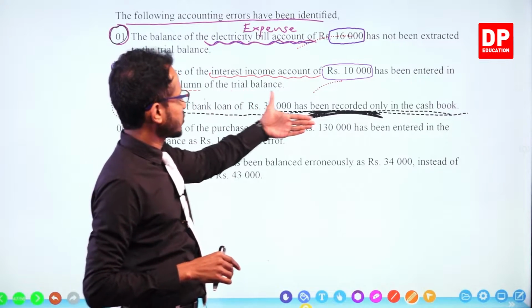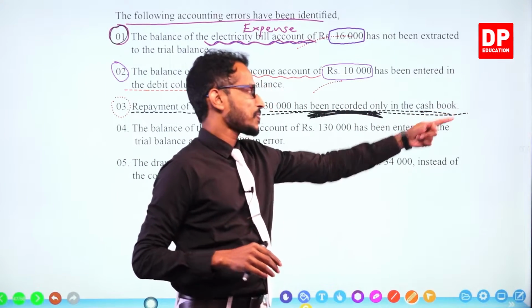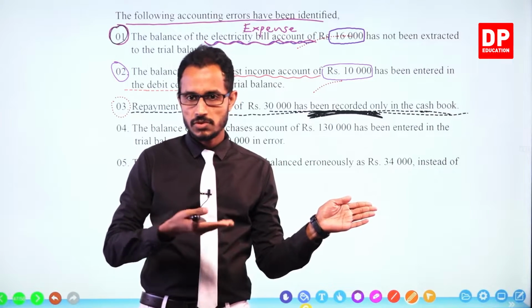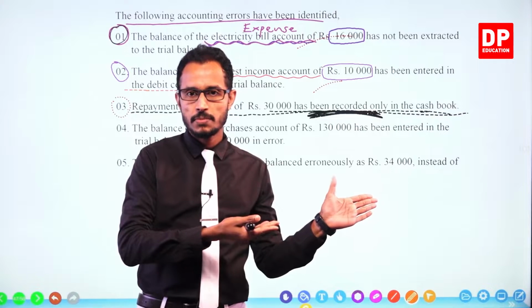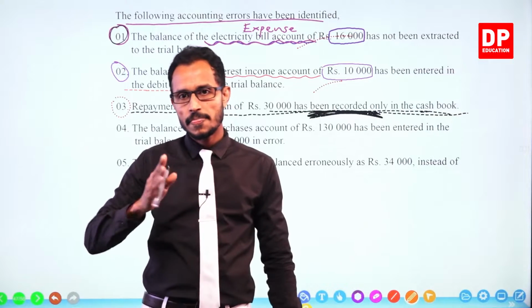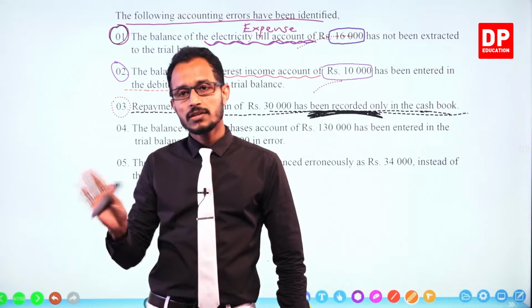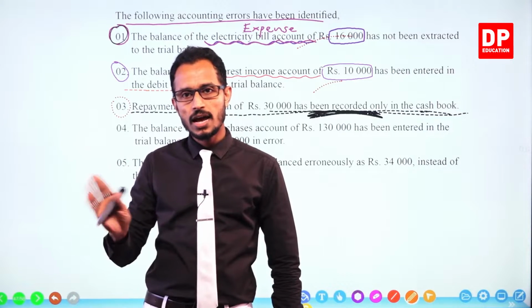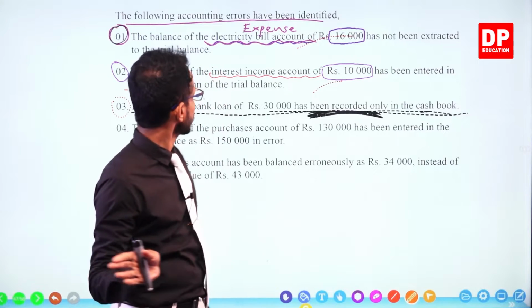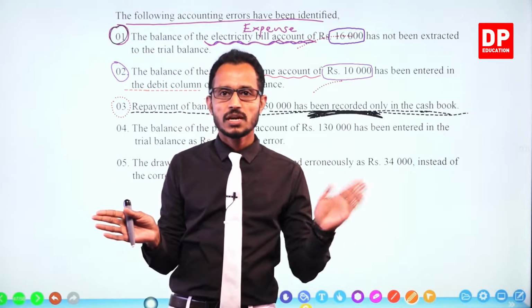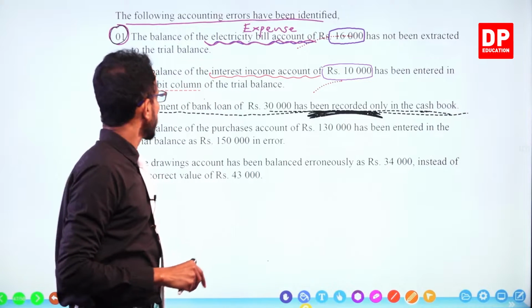Repayment of bank loan 30,000 has been recorded only in the cash book. So only the credit entry has been recorded by the bookkeeper. The error is what? Debit entry is not there. So bank loan account debit and suspense account credit. That is the double entry.